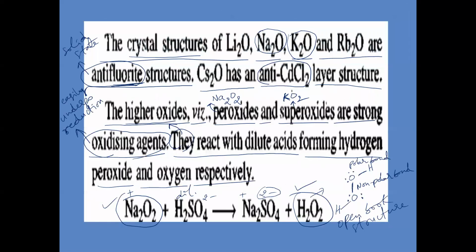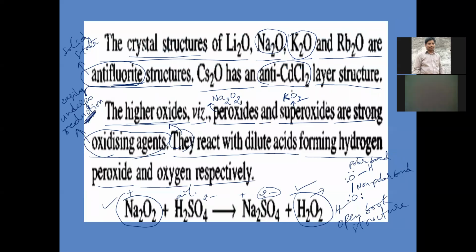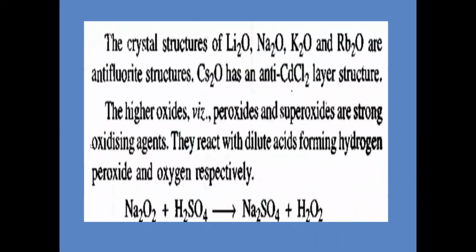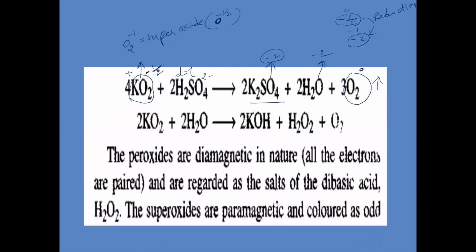So one point we have studied here: they act as oxidizing agents, meaning they are undergoing reduction. Peroxides and superoxides easily undergo reduction, meaning a decrease in the charge. See, minus 1 by 2 of superoxide is going to minus 2. That means it is undergoing reduction.